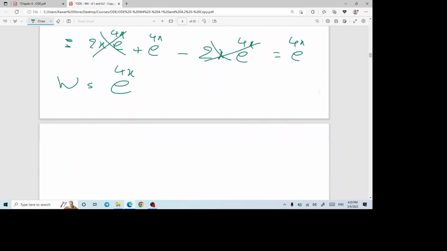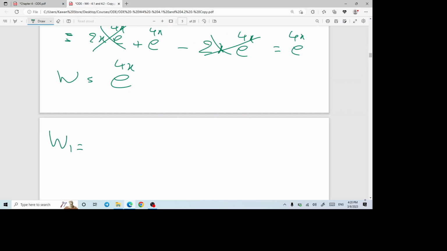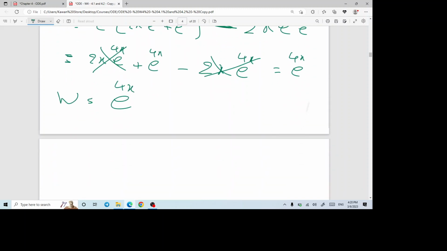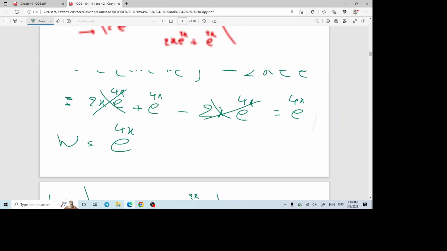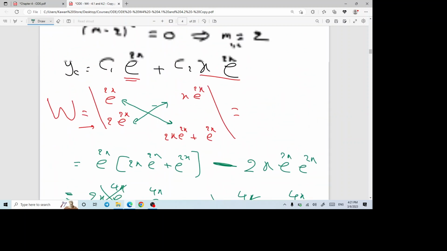Okay, now I am going to use W1. What's W1? It means the first column, remove it, change it. So I'm going to put the second column as we have. Then I'm going to choose here a 0 and f of x.